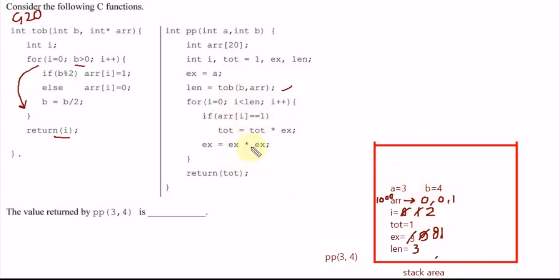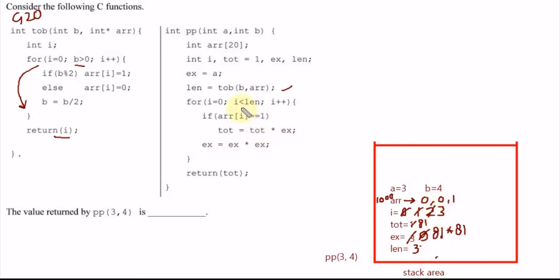Array[2] is 1, that is correct, so tot is equal to tot into ex, and this value will be 81 now. Now we increase the value of i, that will be 3.